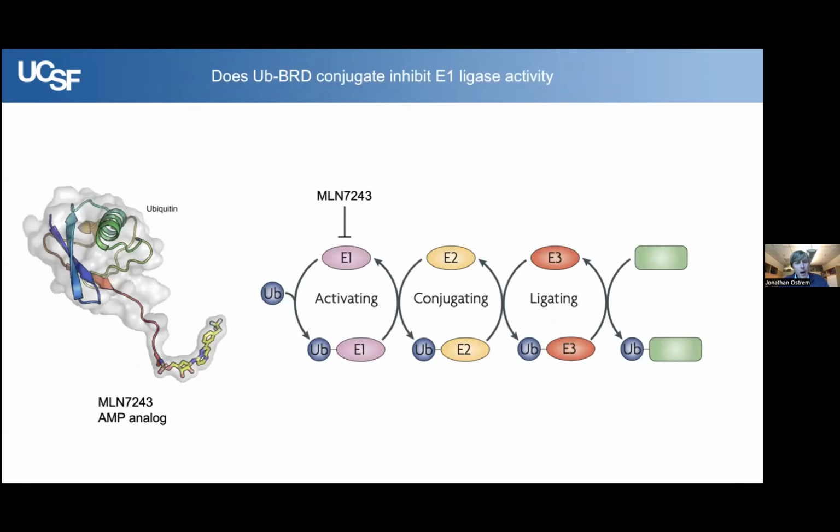Now that brought to mind the story of these Takeda compounds, originally Millennium, MLN 7243 or TAK-243, that acts, it's an AMP analog. It binds to the E1 ligase and acts as an AMP analog to get added to the C-terminus of ubiquitin, similar to our compound. And so we wondered, is 1732 acting as an E1 inhibitor? And maybe that's the mechanism of cytotoxicity.